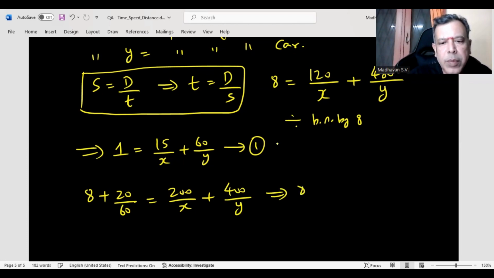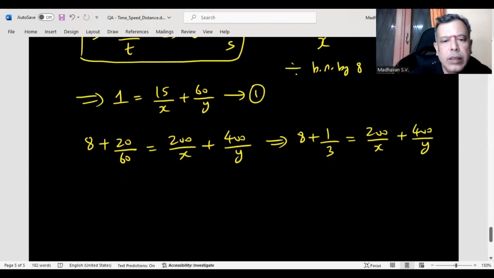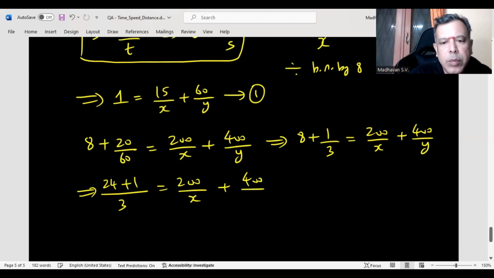Now this 8 plus 20 by 60 is nothing but 8 plus 1 by 3. Further, on the left-hand side, we will consider 3 as the LCM. 8 into 3, 24, plus 1 equal to 200 by x plus 400 by y.